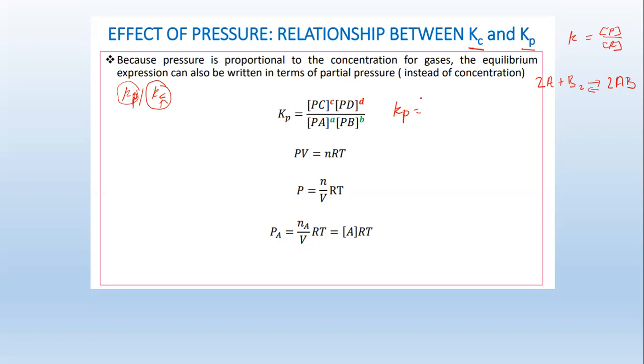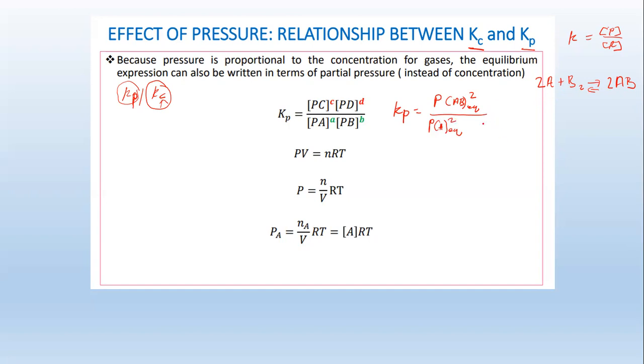We're using the pressure of the products divided by the pressure of the reactants. In this case, the pressure of AB at equilibrium will be to the power of 2, because we use the coefficients over there, divided by the pressure of A at equilibrium, and then we use 2 over there.